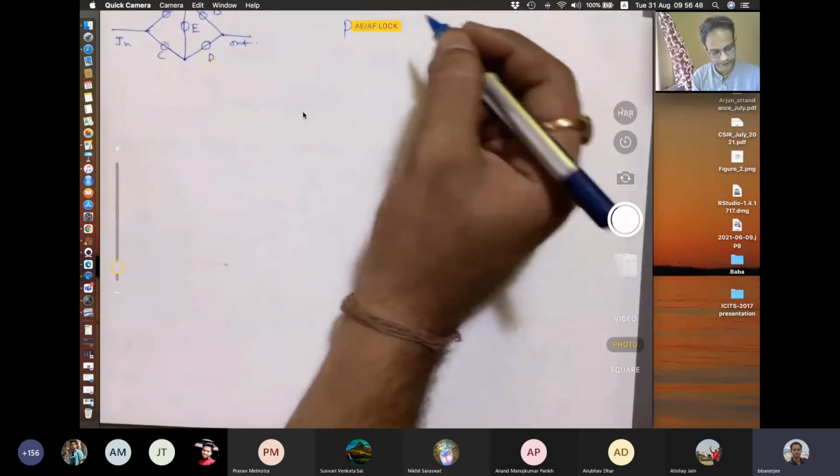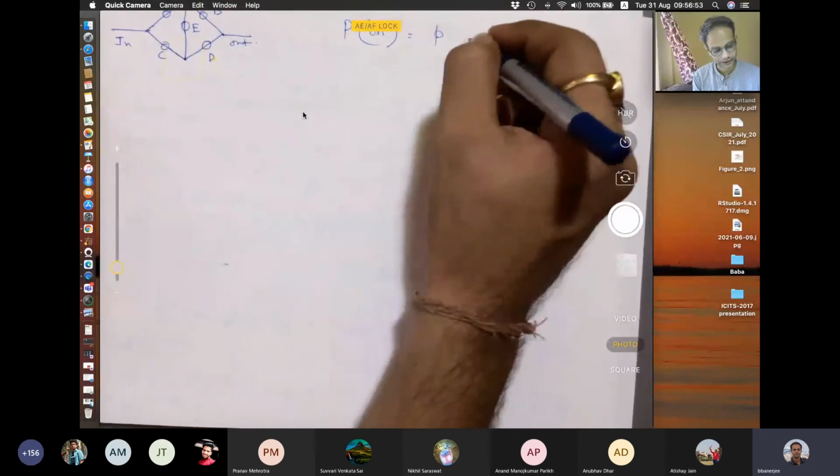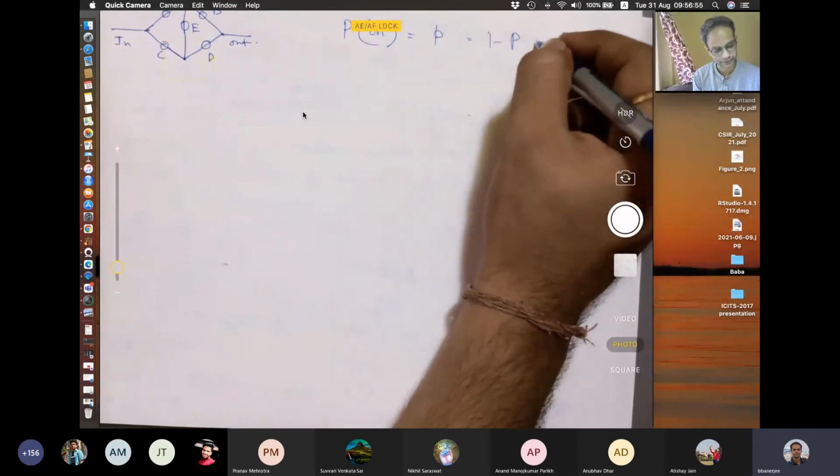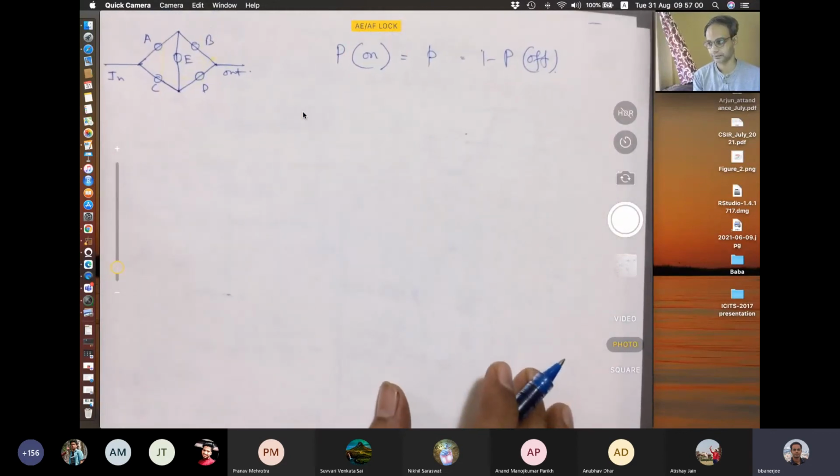Any gate is on with probability p, and that is 1 minus probability of off. And they are independent and identical.